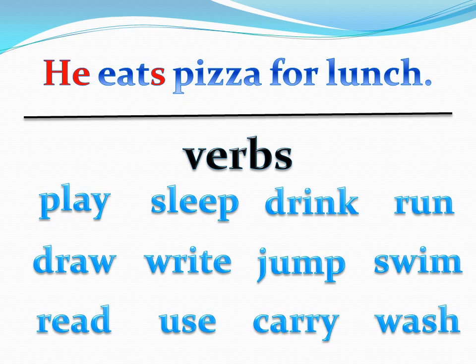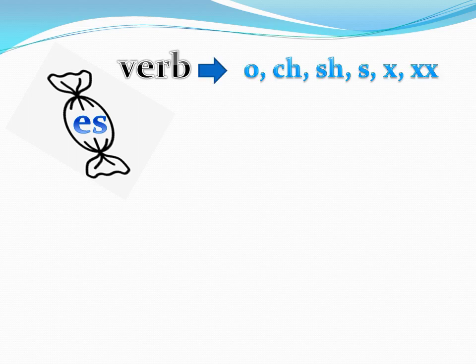Okay, Junior 3? So let's sit together how we decide which sweet to use. For example, es. When do we use es? We use it at the end of any verb that ends in o, ch, sh, s, x, or double s.